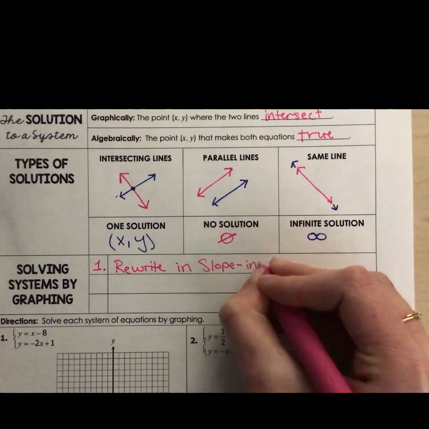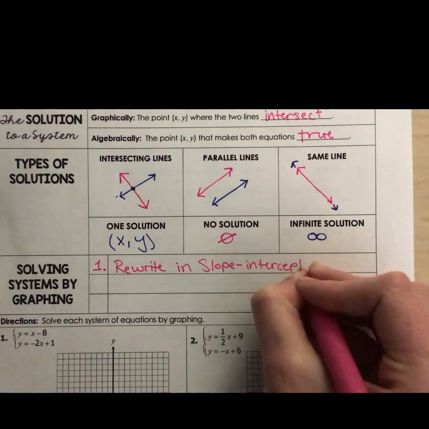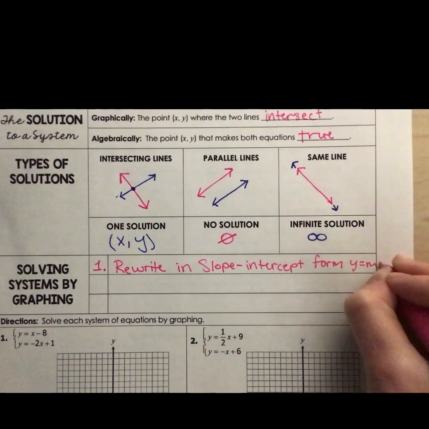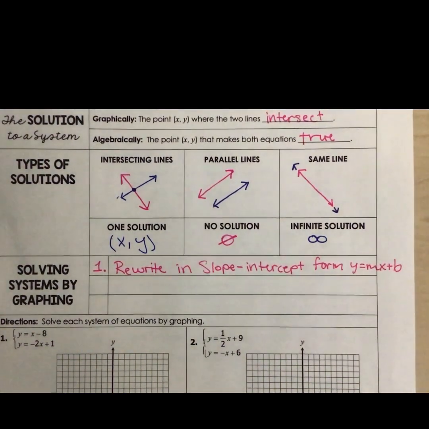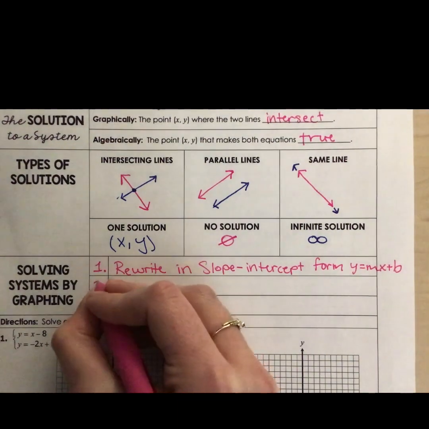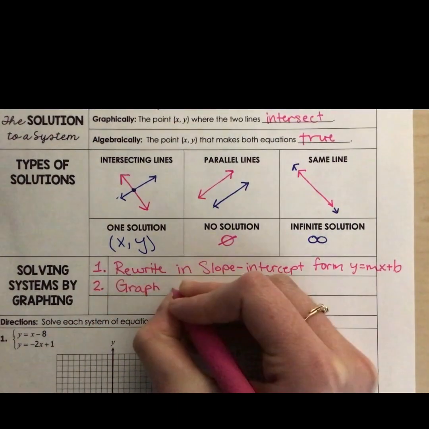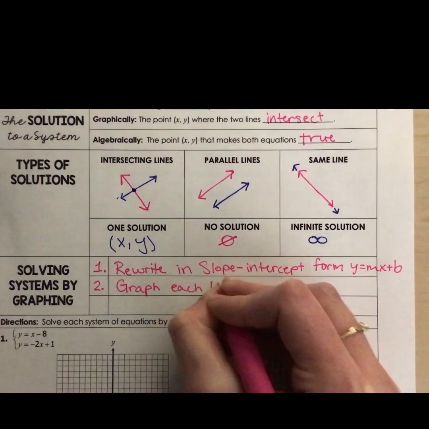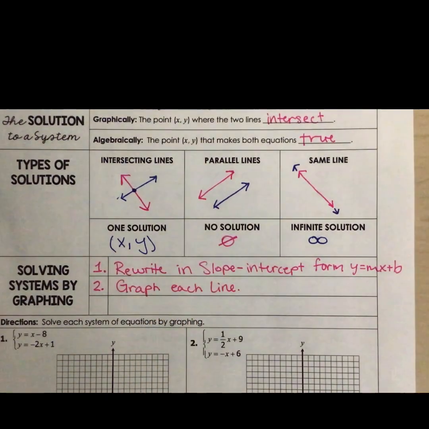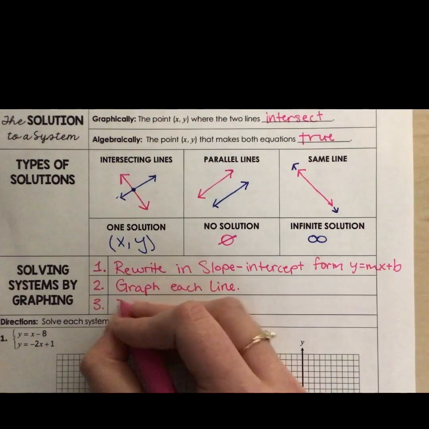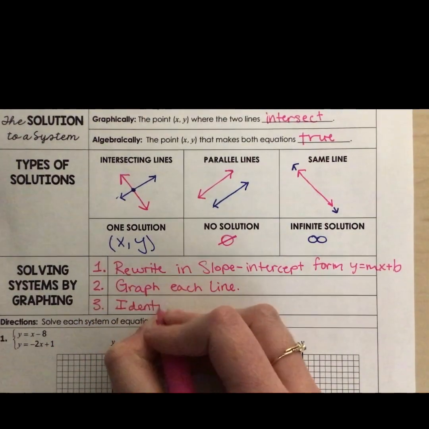And remember, slope-intercept form is y equals mx plus b. The second step is we're just going to graph each line. The final thing is to identify the solutions.